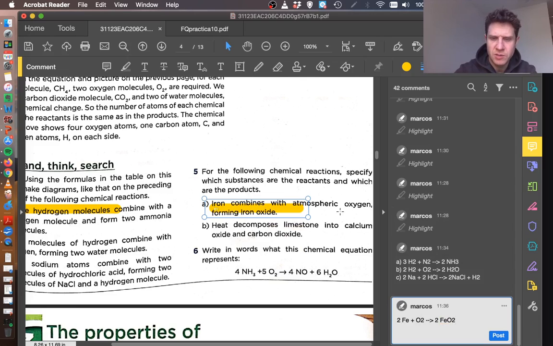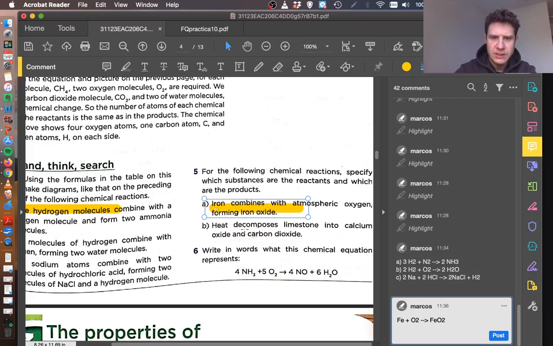Iron combines with atomic oxygen. That's it, that's the final result. And a 2 here. Can we have only this? Yes, we can have it like that. The simpler, the better.